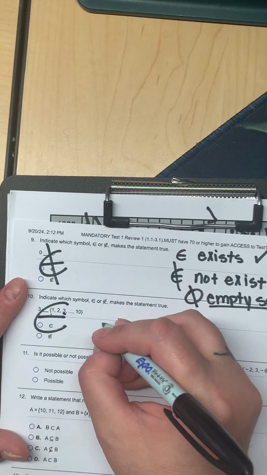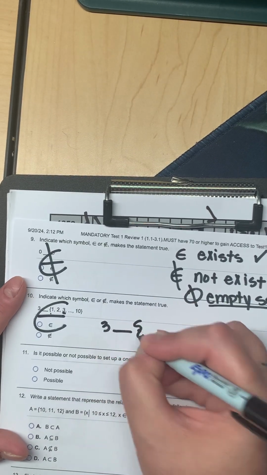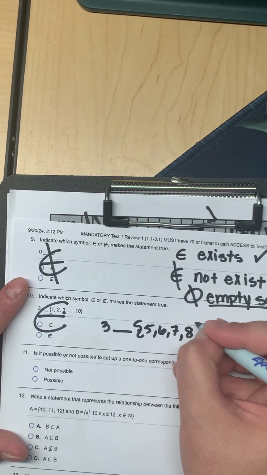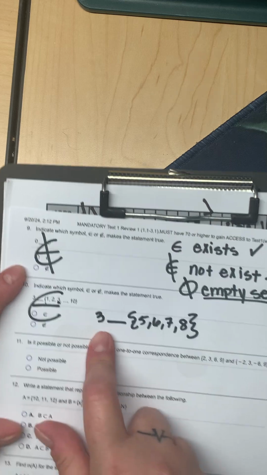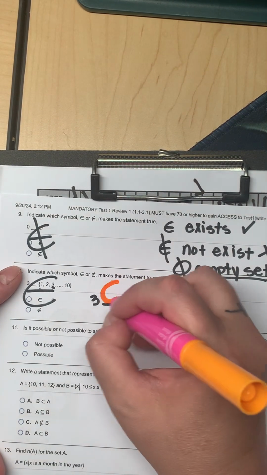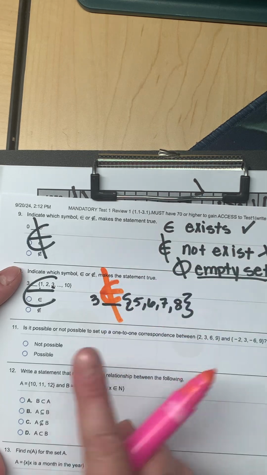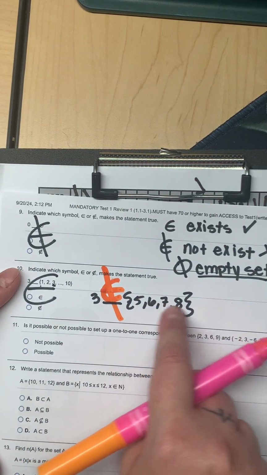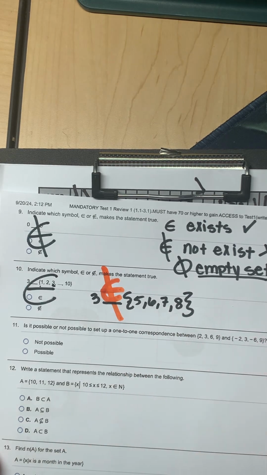If it would have said 3 blank, if it would have said something like this, then I would say, heck no, that does not exist. 3 is not inside this list of numbers, 5, 6, 7, 8.